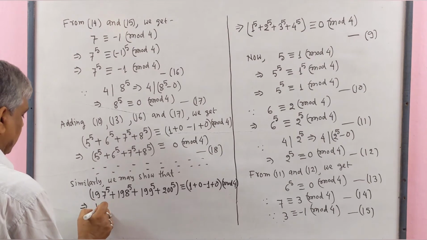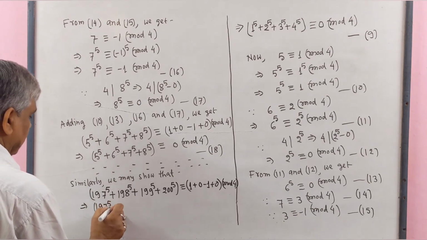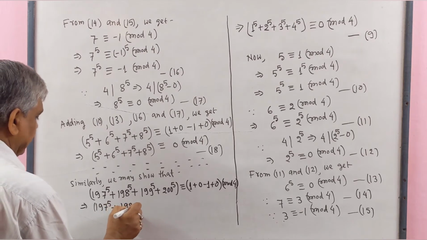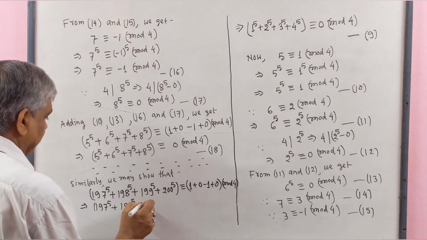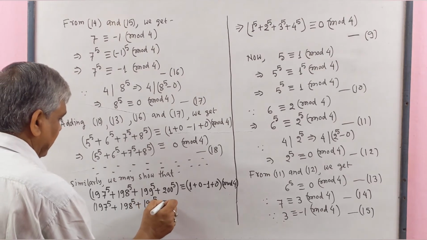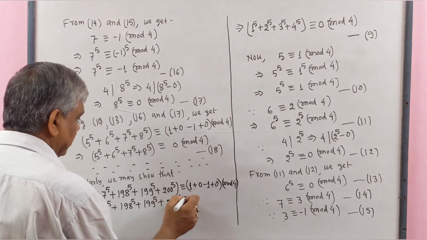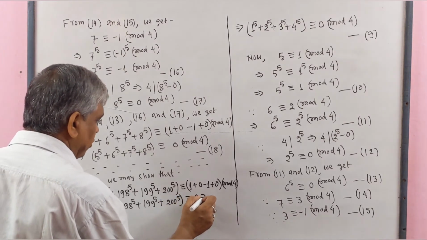Implies that 197 to the power 5 plus 198 to the power 5 plus 199 to the power 5 plus 200 to the power 5 is congruent to 0 modulo 4.